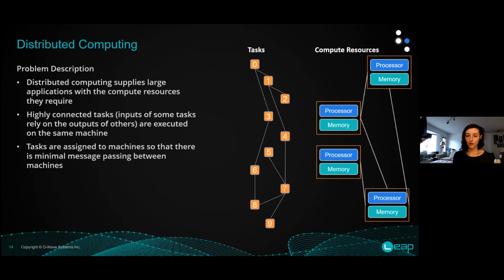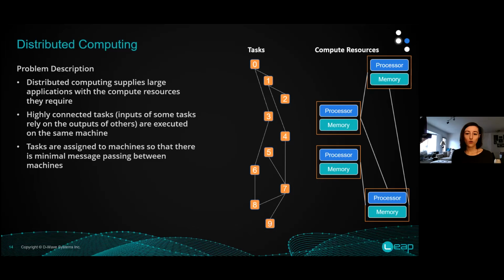So instead, what you need to do is break up this application into tasks and then distribute those tasks across different compute resources. So you end up having a set of compute resources that are all working together to either compute a large problem or perform an application or whatever else you may be doing.